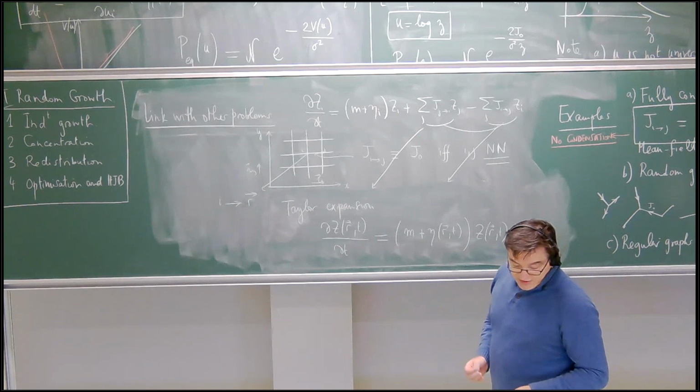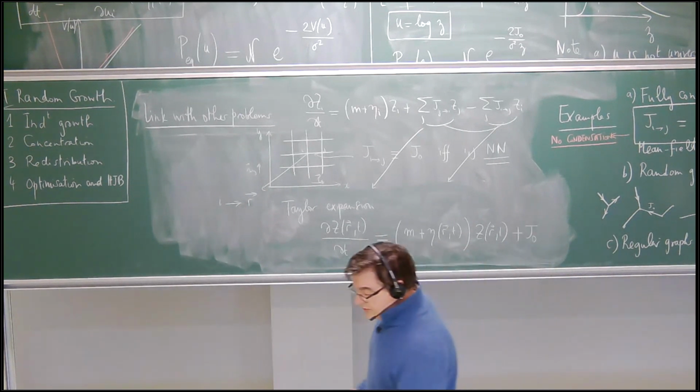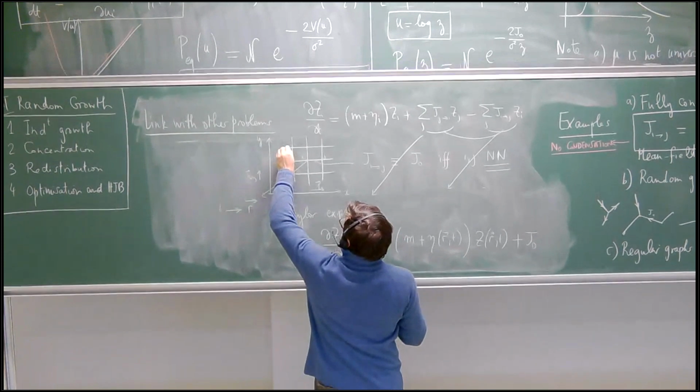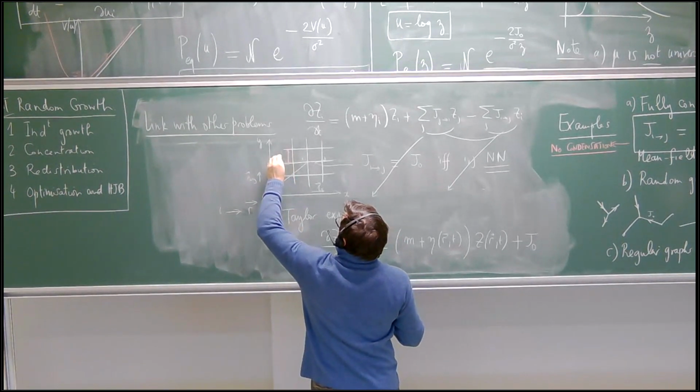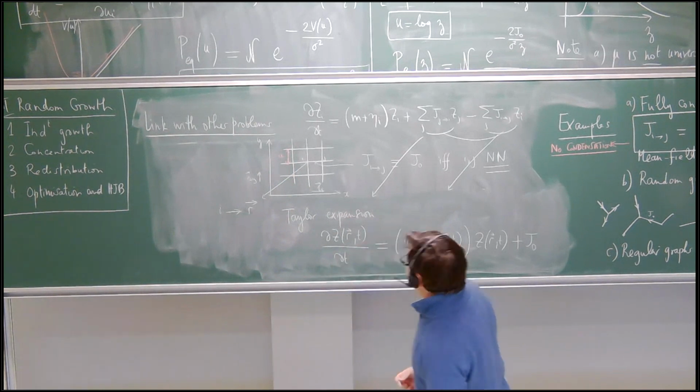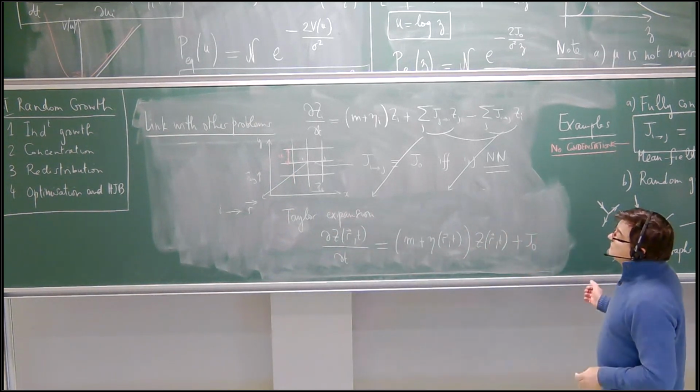If you want to be okay with physical dimensions, I should also introduce the lattice spacing A. So A is the actual physical distance between two sites.